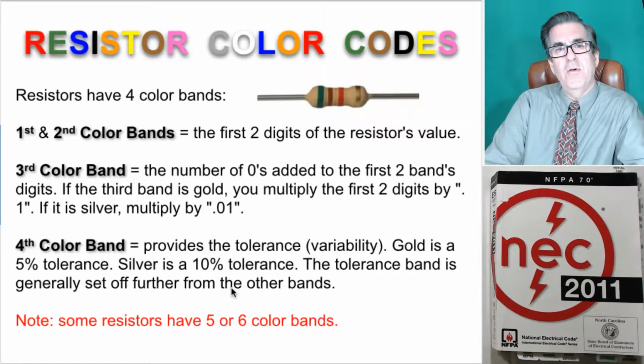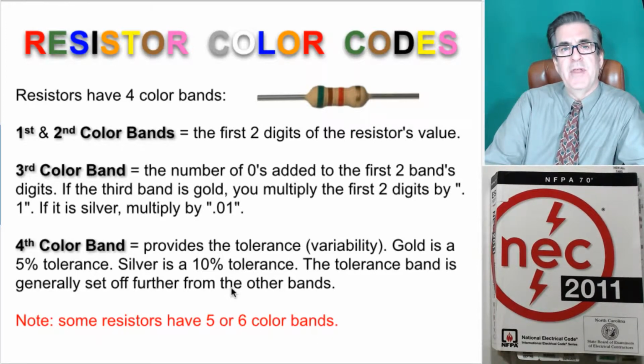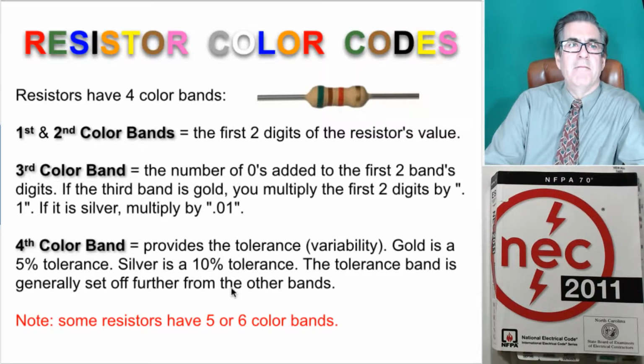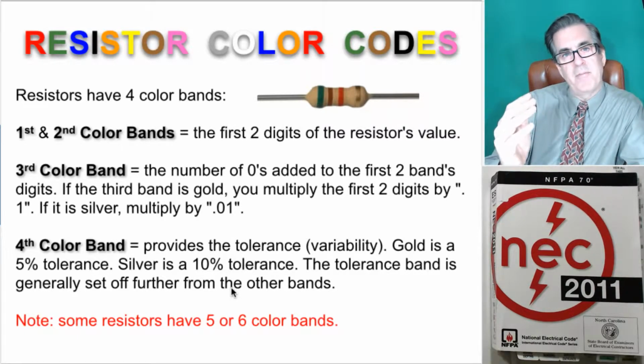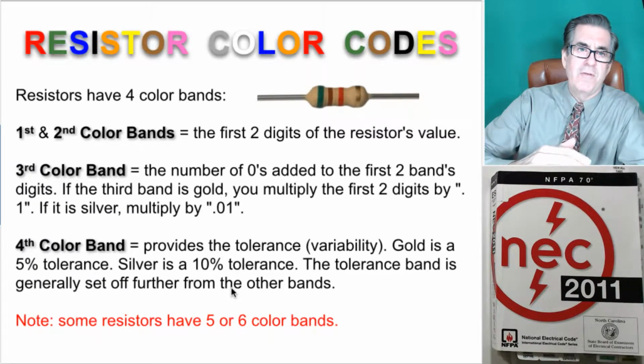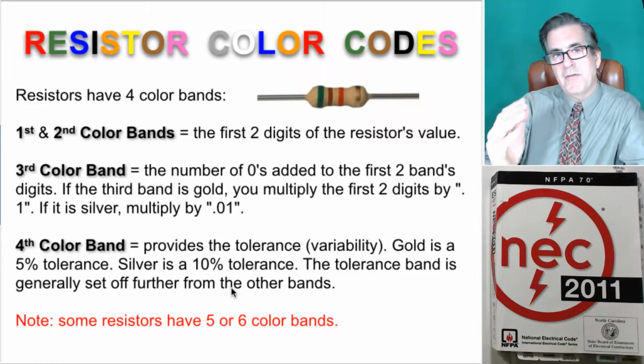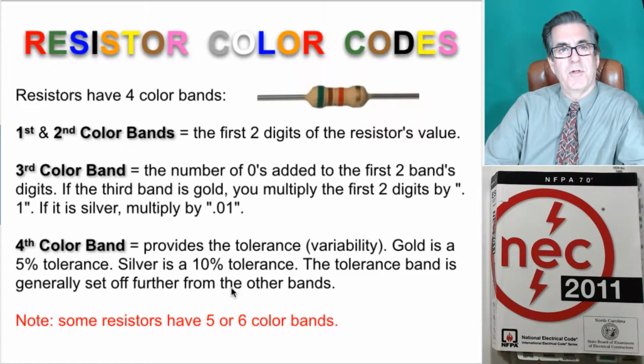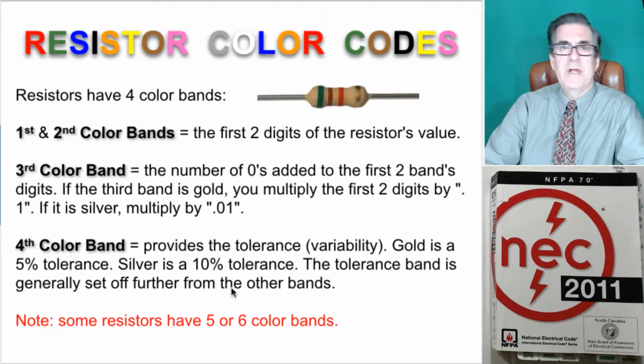The value of the resistor is to the left of that gap, and to the right of the gap would be your tolerance, or your variability, or your nominal value, meaning that it could go a little bit higher by 5%, for example, or a little bit below the value by 5%, minus or plus, or 10% minus or plus, or 2% on a more defined resistor. Real simple to read these.